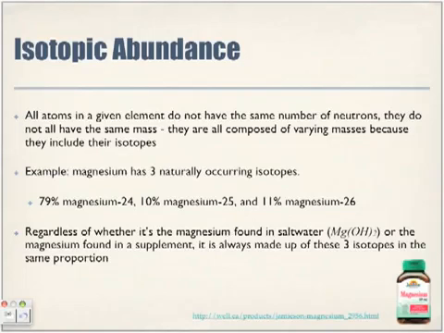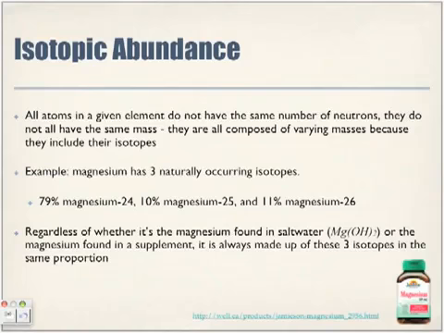Technically 79% of the magnesium in each one of the pills consists of your normal magnesium that you'll find in the periodic table. 10% of it is made up of one of the isotopes of magnesium, and 11% is made up of the 26 atomic mass unit magnesium.